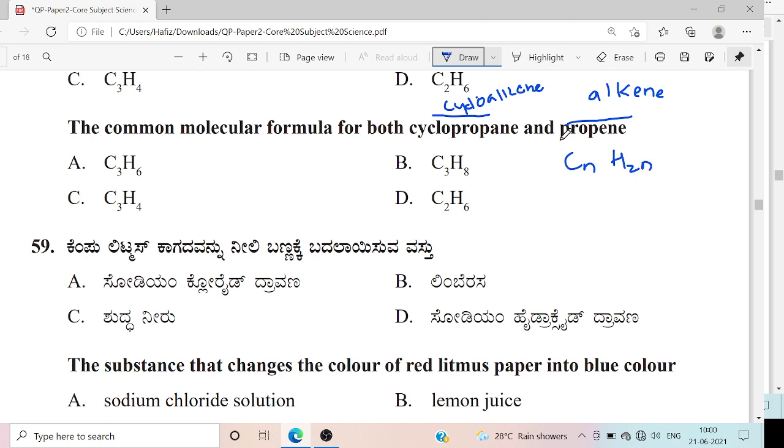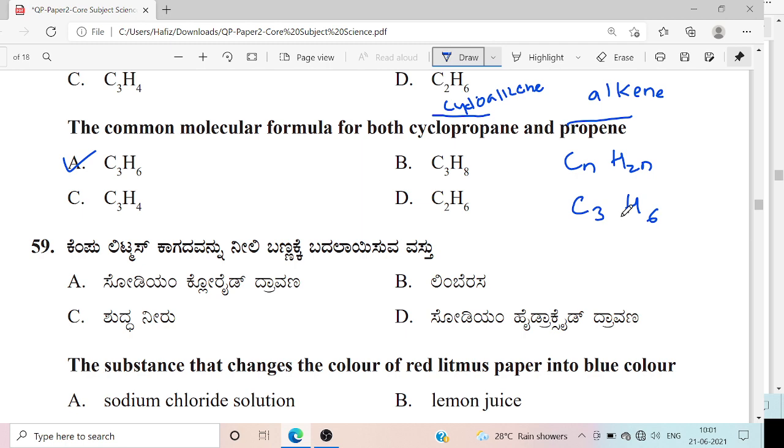Now prop refers to 3, means the n value is 3 here, C3, and here 3 into 2 is 6, C3H6, means option A is right here. Cyclopropane and propene, okay, they have got the same chemical formula, remember.